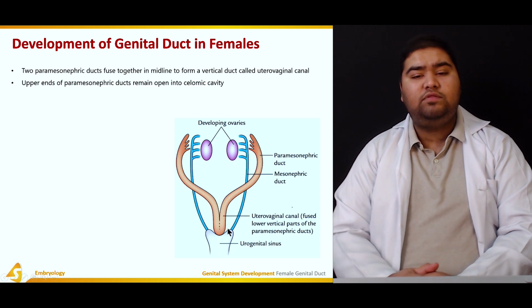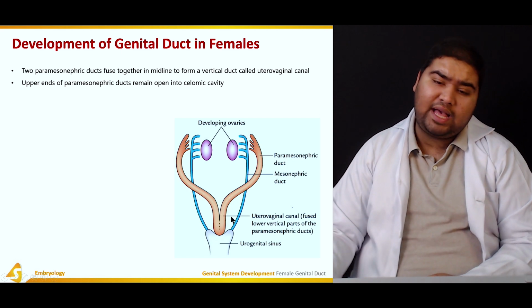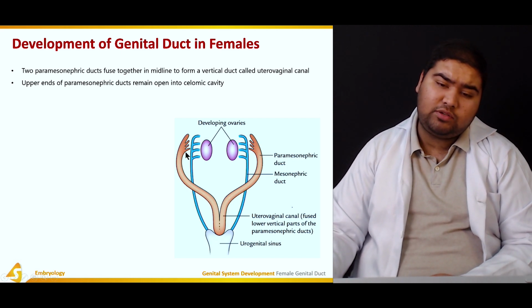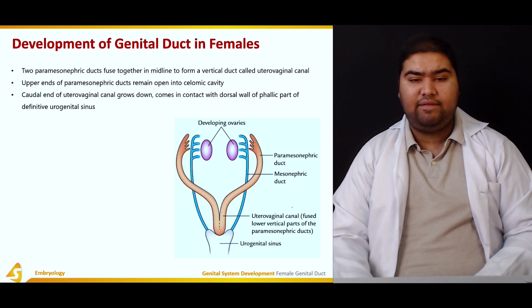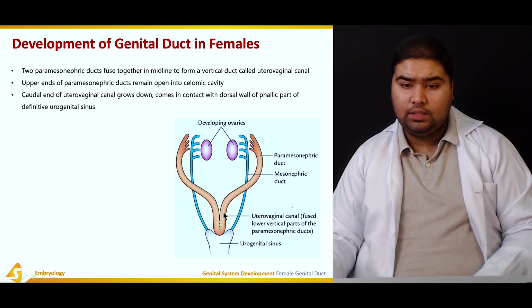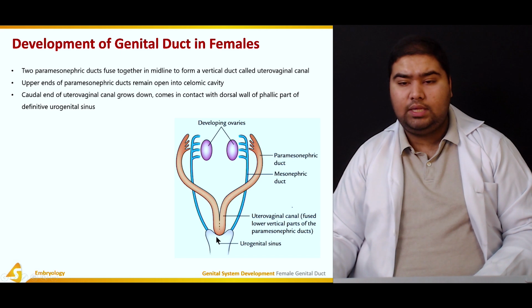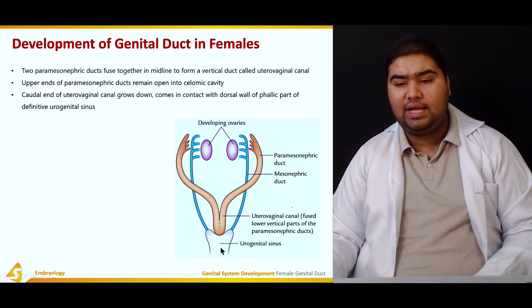The upper end of the paramesonephric duct remains open in the coelomic cavity. This is the upper end of the paramesonephric duct. It usually remains open in the coelomic cavity. The caudal end of the uterovaginal canal, this is the caudal end, grows down and comes in contact with the dorsal wall of the phallic part of the urogenital sinus.